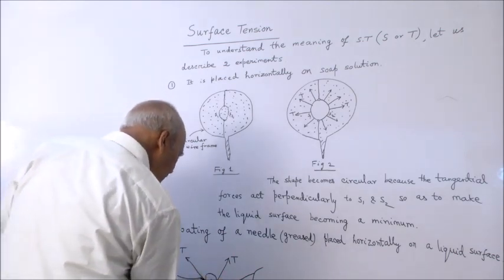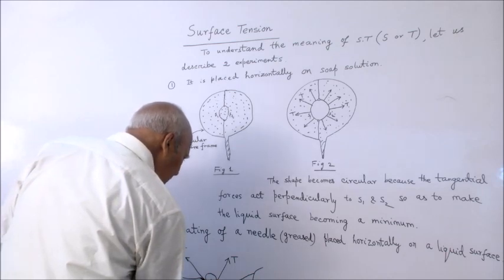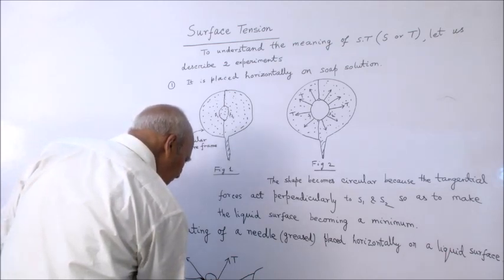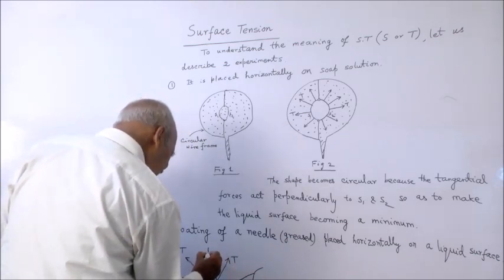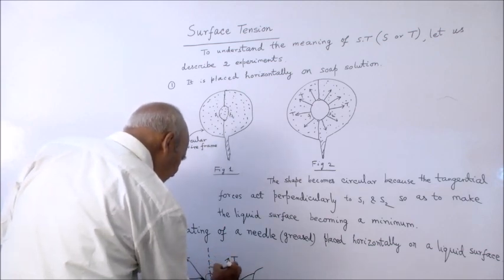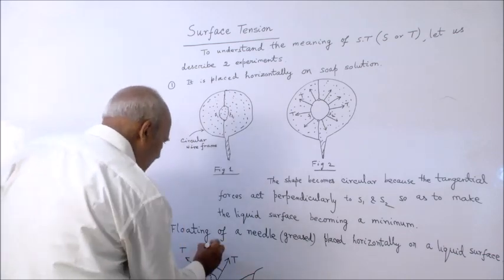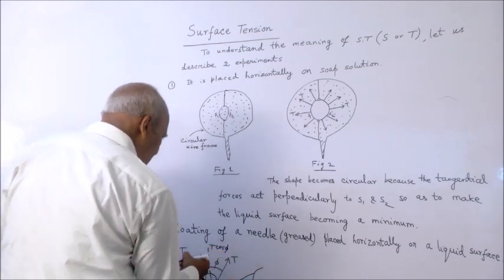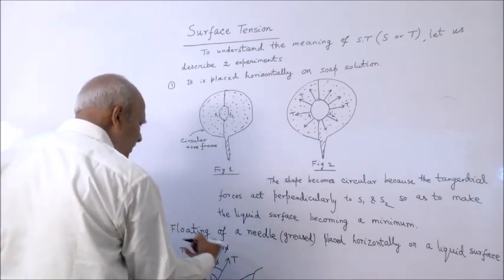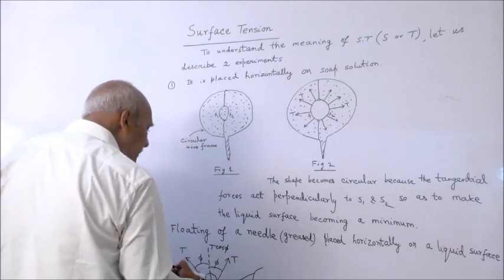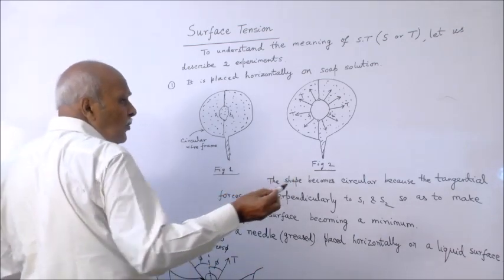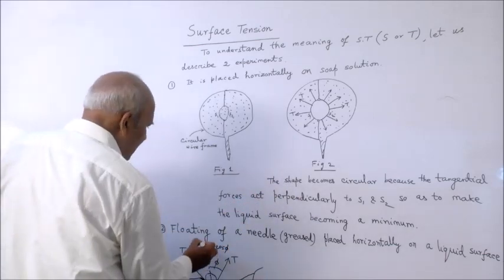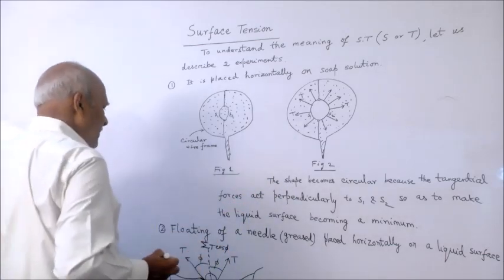The weight of the needle is mg, that is balanced by the component, suppose the angle is phi, this is not the angle of contact phi. So, this is T cos phi, and here in this diagram there are 2 T cos phi, but the needle is a linear one, so many points of contact. So, we can write it as sigma T cos phi.